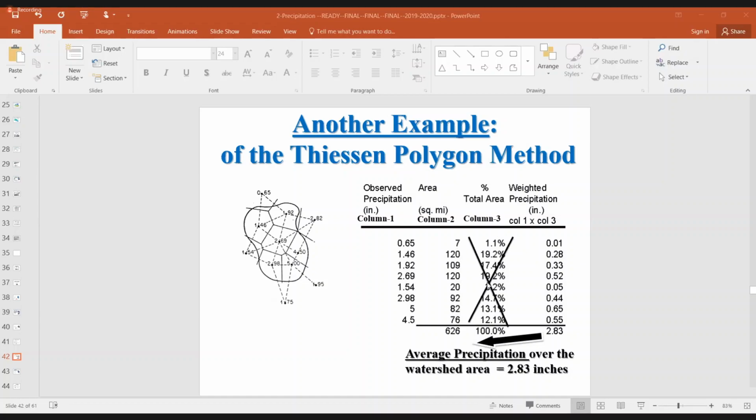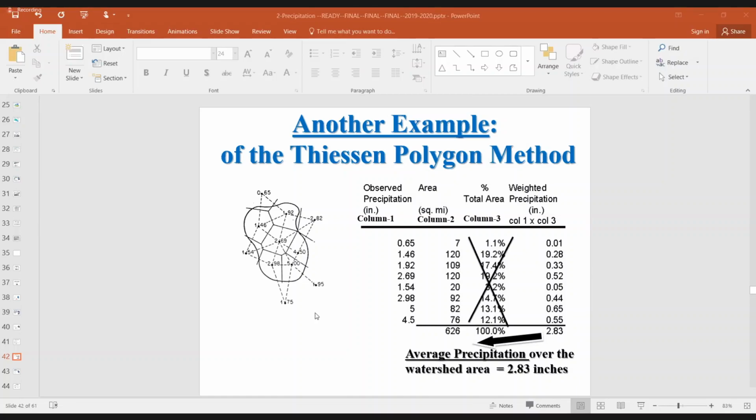You don't waste time calculating percentage of area. Then you take the precipitation times area, precipitation times area, plus precipitation times area, and so on, and divide by the total area, and then you will get the average estimate 2.84.